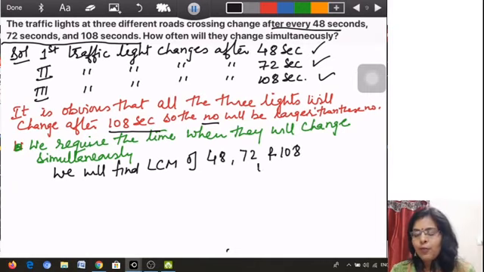So I hope everyone knows how to find out the LCM. I'm just finding it through the long division method.